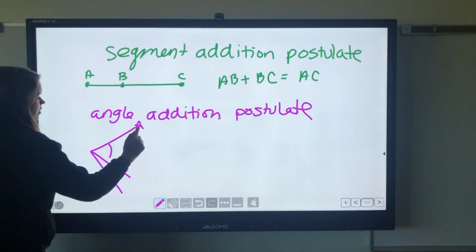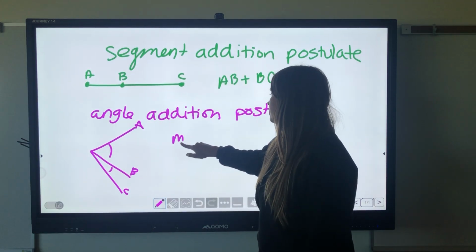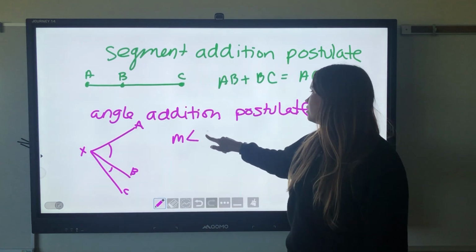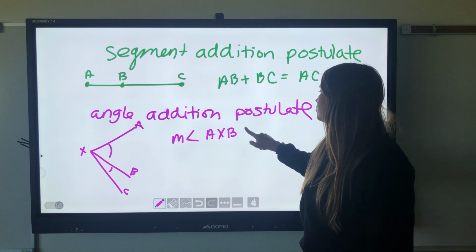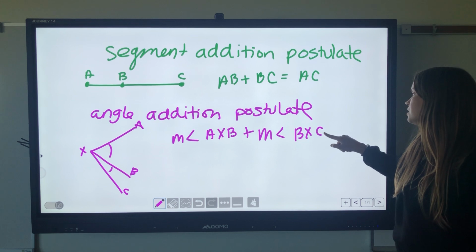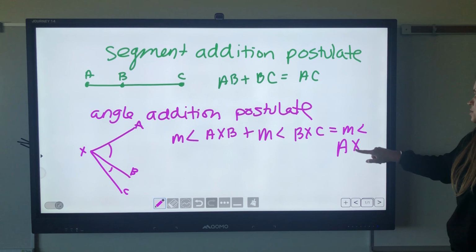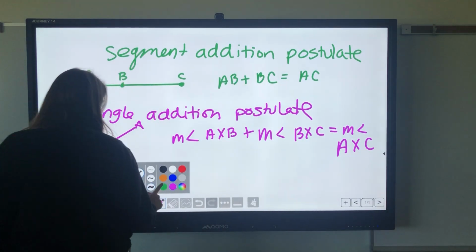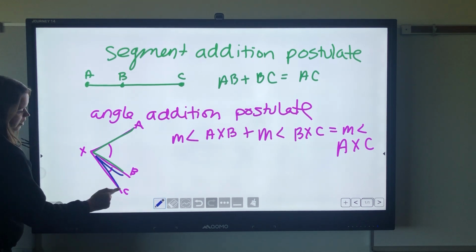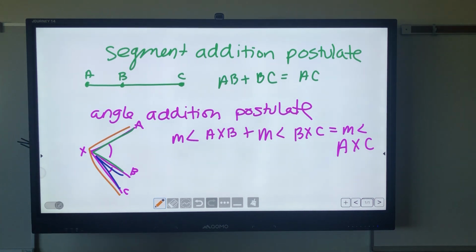So if this is A, B, C, then you know that the measure of angle AXB plus the measure of angle BXC will equal the measure of angle AXC. That means that this green angle plus this blue angle equals this yellow angle. So know those postulates.